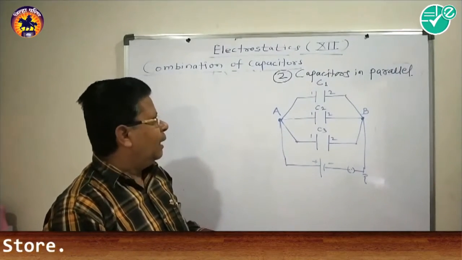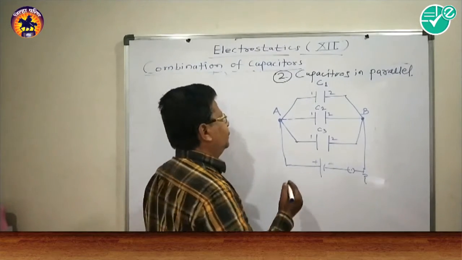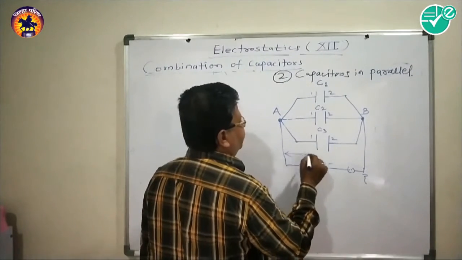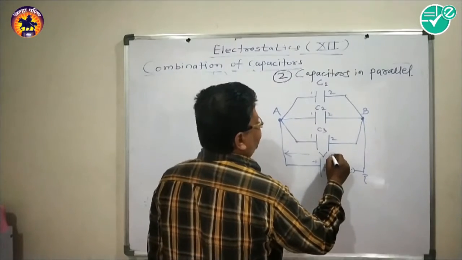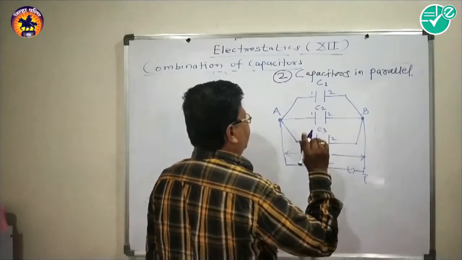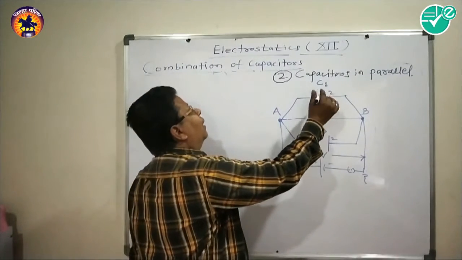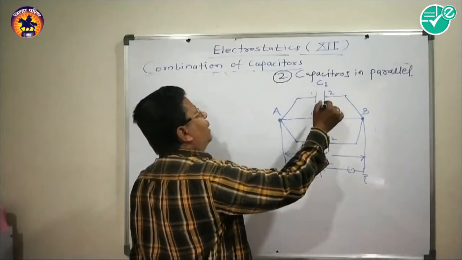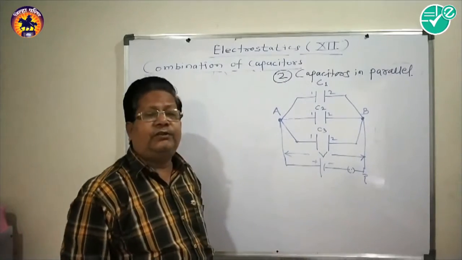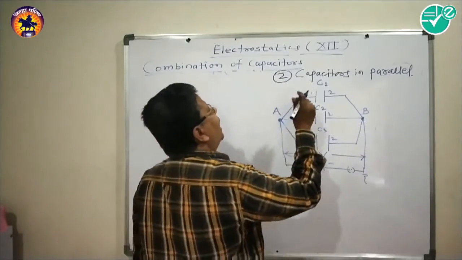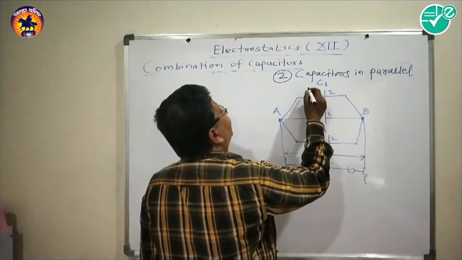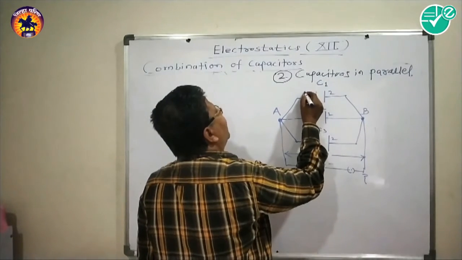In this case, the potential difference across this parallel combination, or PD across each capacitor C1, C2, C3, is the same, but the charges are different according to their capacity.